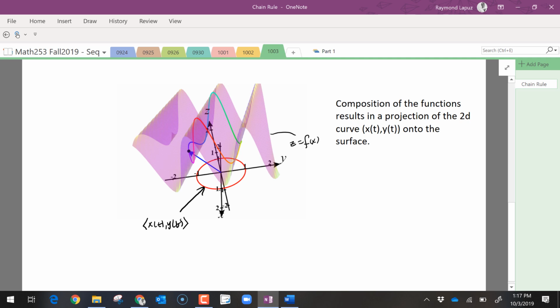And the curve up here is not just f of x of t, y of t. The curve has to be described as a three-dimensional curve. It has an x value of x of t and a y value of y of t. And now it's the z value that comes in.